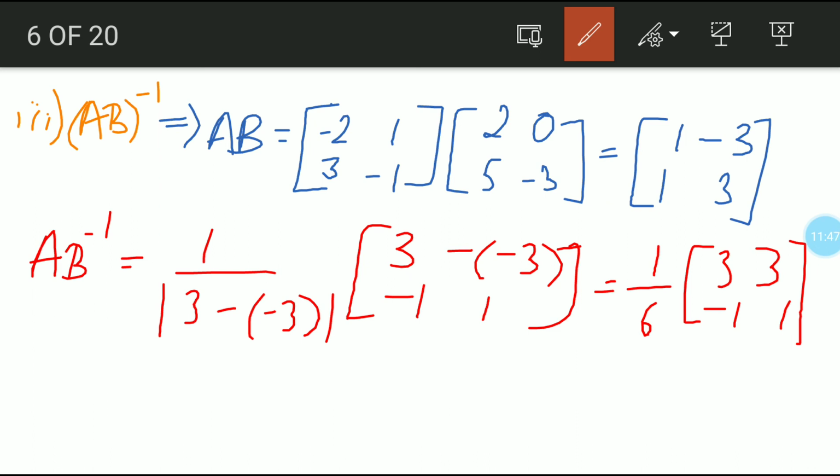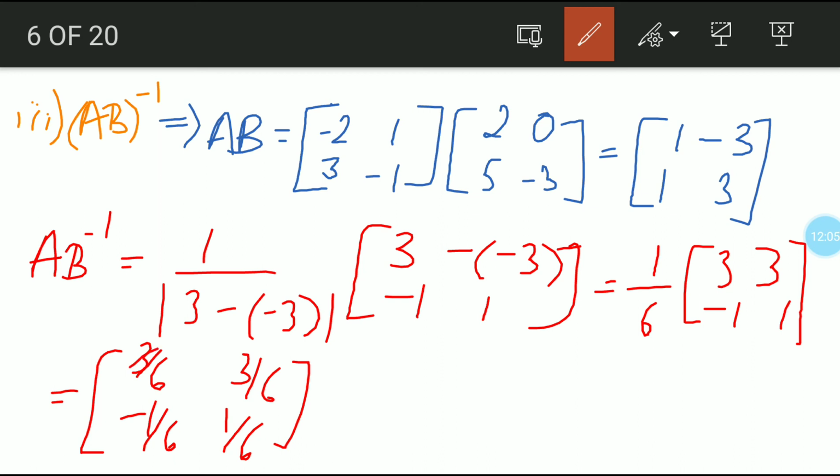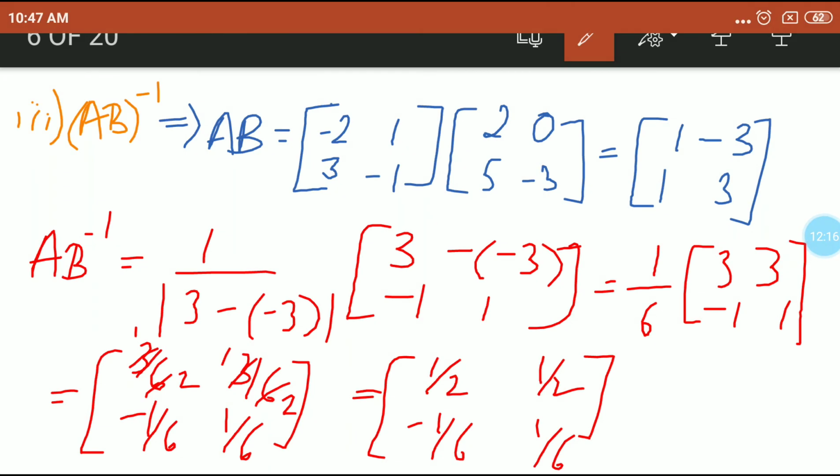So we are going to give this by 6 to each and every number in the matrix. So 3 by 6, 3 by 6, minus 1 by 6, 1 by 6. Now 3 ones are 3, 3 twos are 6, so same way 1 by 2, 1 by 2, minus 1 by 6, 1 by 6. I think you understood this one also.